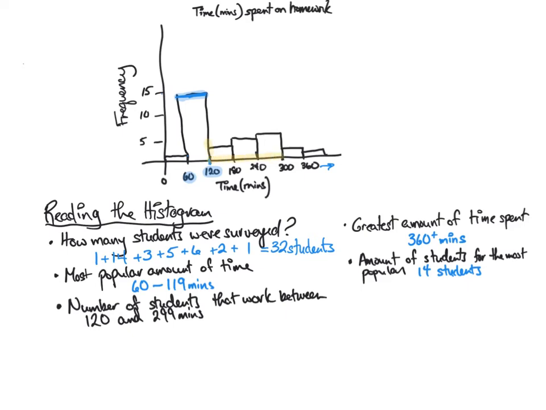So basically, I'm incorporating this amount. So I have 3 students from 120 to 180. I have 5 students from 180 to 240, and I have 6 students from 240 to 299, and that will give me 14 students.